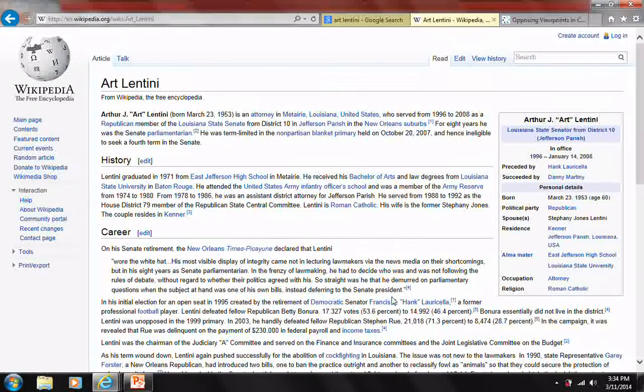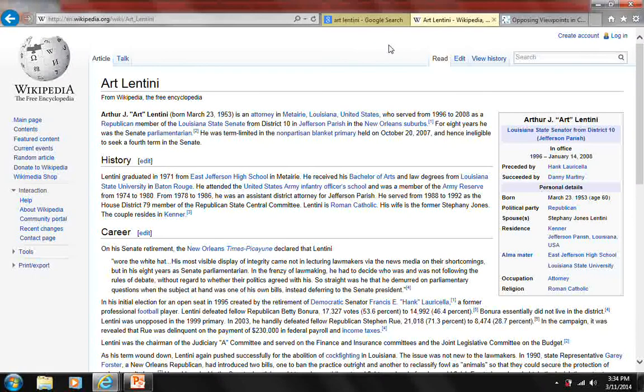We could look up more stuff about him, but I think knowing that he was an attorney and a state senator and that he got his law degrees from Louisiana State University, that's enough to say about our author. So we'll put that information into our number 2 for the annotated bibliographies, our discussion about why it is credible.